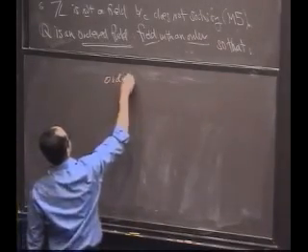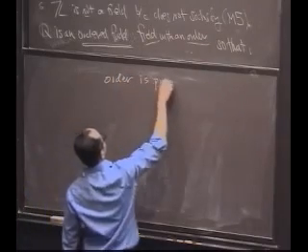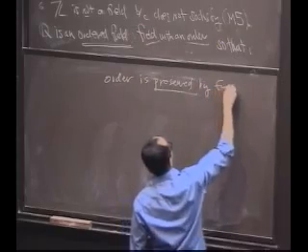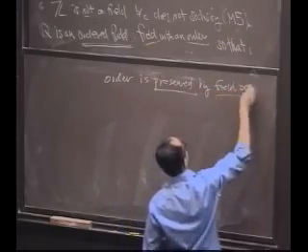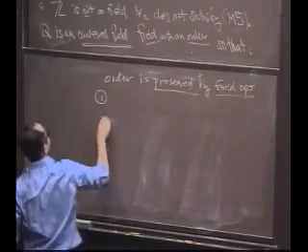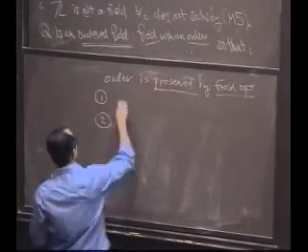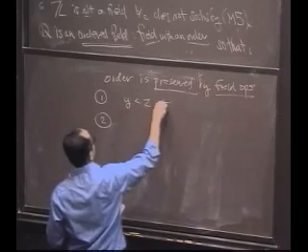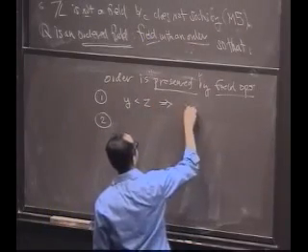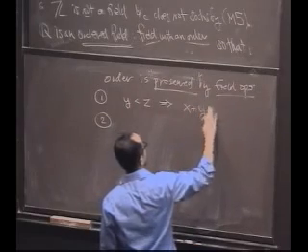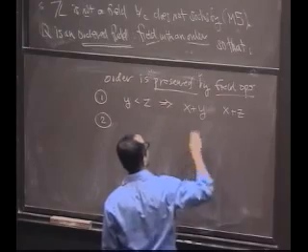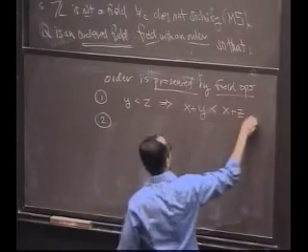Well, here the way to say it is the order is preserved, in some sense, by the field operations. Okay? And I'm going to put this in quotes and then tell you what I really mean, which is if y is less than z, this implies that what happens if I add x to both sides? How do you think x plus y and x plus z should relate? Less than x plus z.